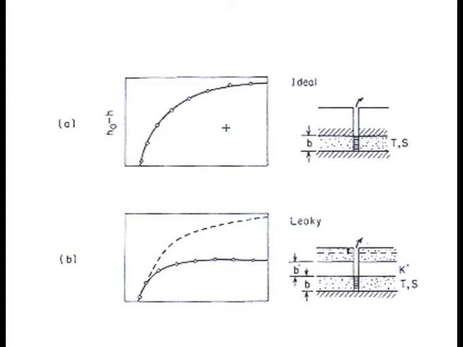But in the second diagram B, you see this curve is in a slightly lower position and flattened like this. It means it is a leaky aquifer. So you take the pumping test data in the field, plot the drawdown data versus time since pumping start, and get the curve.